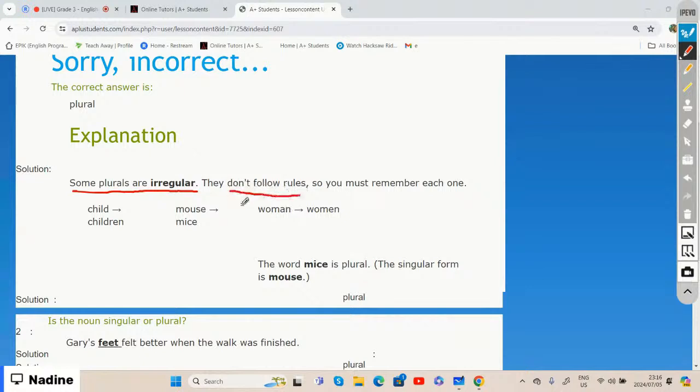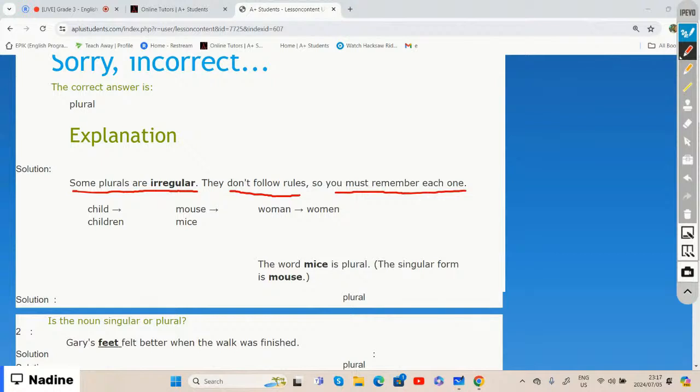So we can't say add s, add es, because that is like us saying follow the rules. But when it comes to it being irregular, they don't follow any rules, which means you must just remember each one, meaning you need to remember the irregular plural noun of a word.